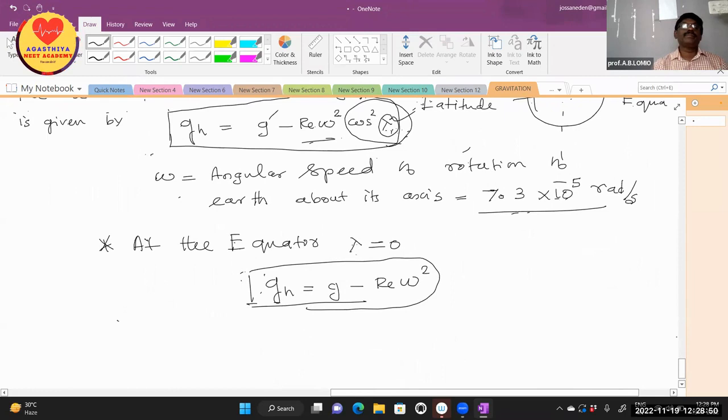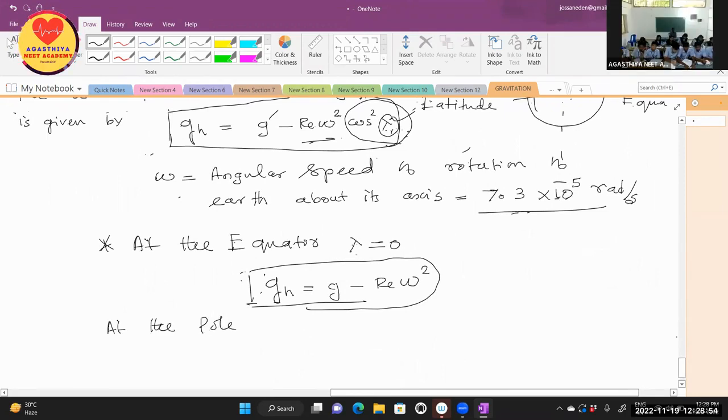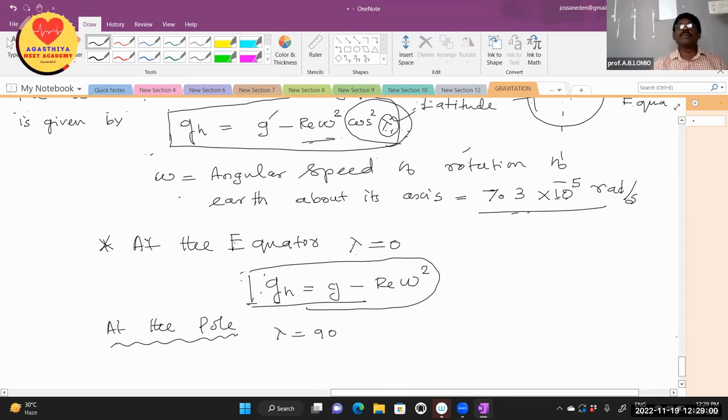Next step, at the pole, lambda is 90 degrees. When you substitute the value of 90 degrees in this formula, all of you listen, cos 90 is 0. The whole term becomes 0. Therefore, g h is equal to g.